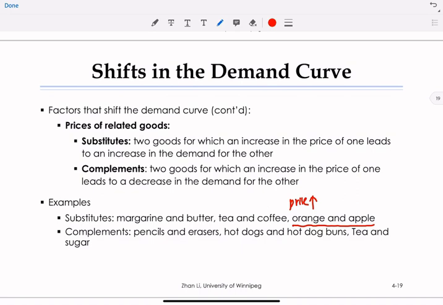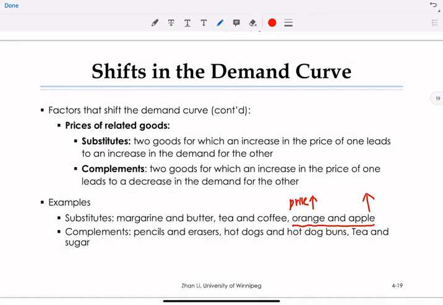And in the case that orange becomes more expensive, I would be happier to buy fewer oranges and I will buy more apple, right? So you can see that demand for apple increases. This actually fits into the definition of substitutes, right?